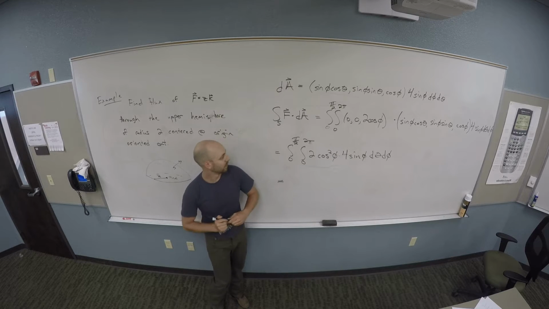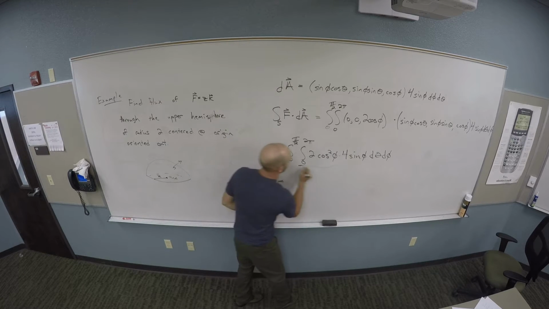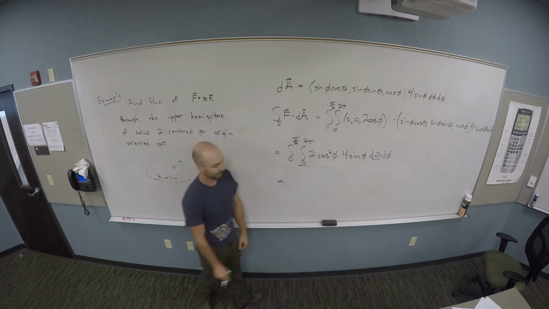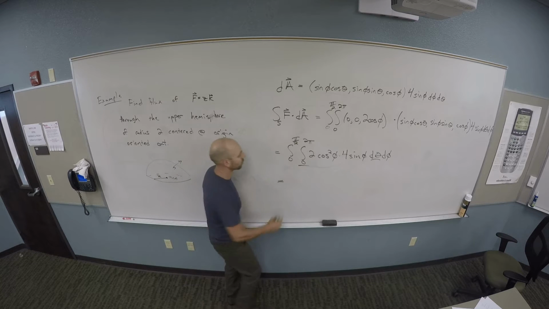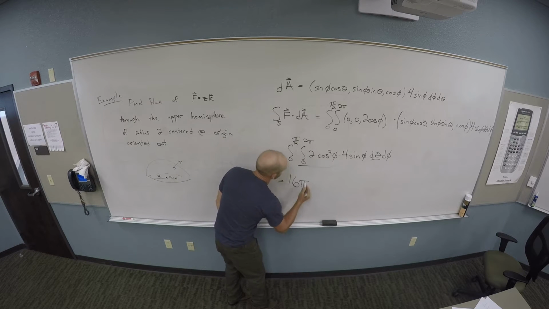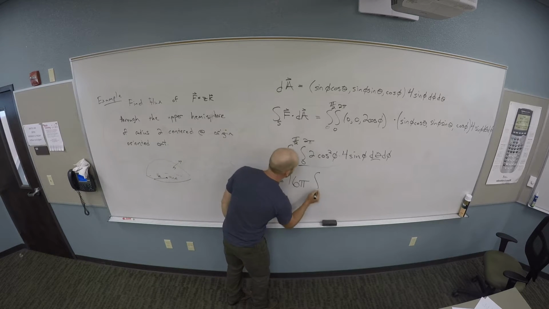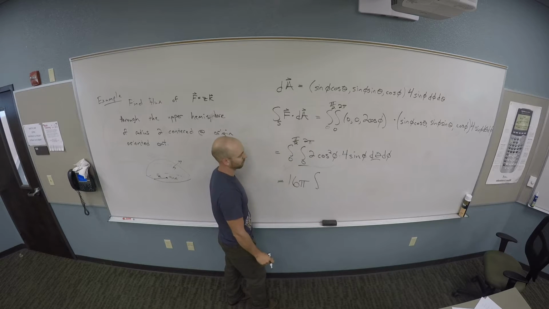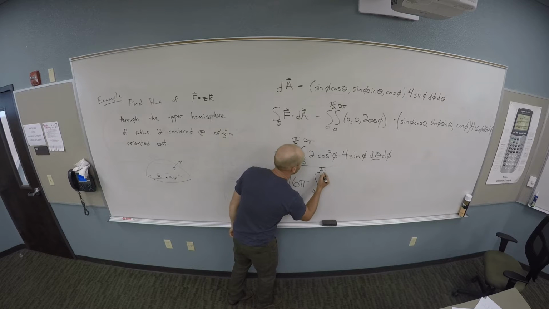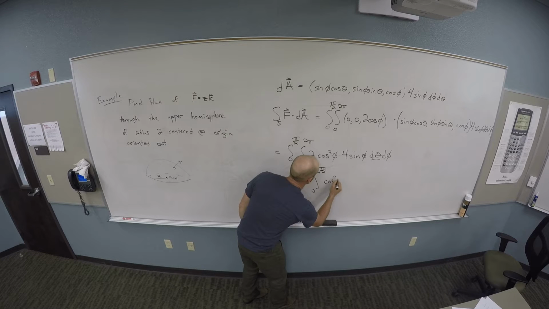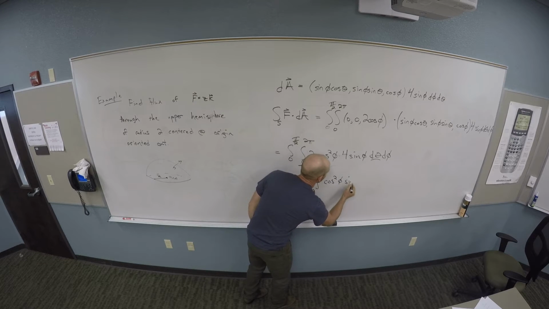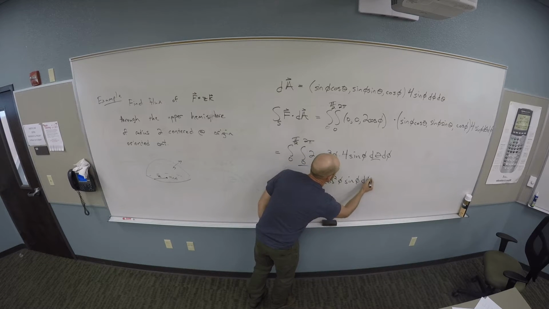Eight. There's an 8. There's also a 2 pi right there, right from the thetas, because I don't have any thetas. So that sounds like I've got 16 pi times the integral from 0 to pi over 2 of cosine squared phi sine phi d phi.